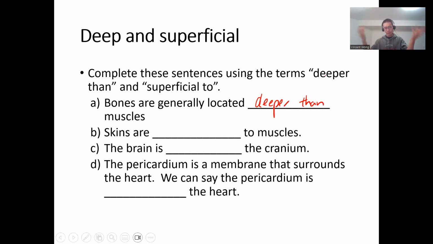The muscle is on top of the bones, right? Skin to muscle, what do you think? Skin to muscle, what's going on? Superficial? Superficial, yes. Nothing is more superficial than your skin. Maybe the hair on the skin, but other than that, skin is pretty superficial.